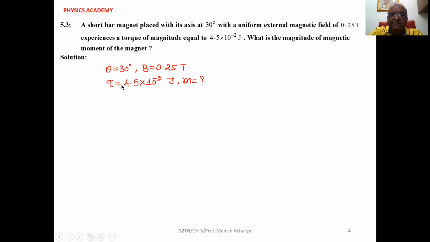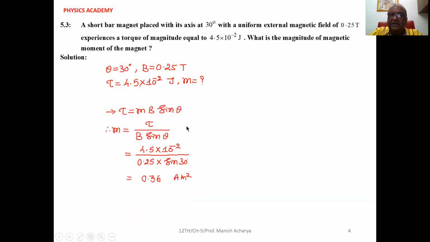Very simple thing. Angle theta between the axis and the external field, that is given to you 30 degree. External magnetic field, that is 0.25 Tesla. Tau, that is 4.5 into 10 raised to minus 2 joule. And what is the magnitude of magnetic moment that we want to find?